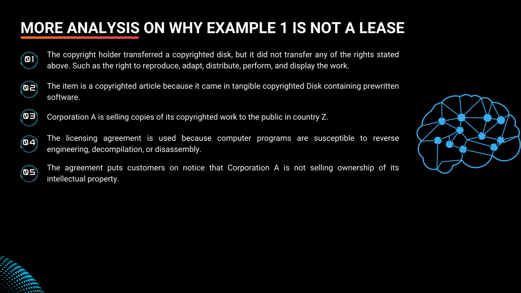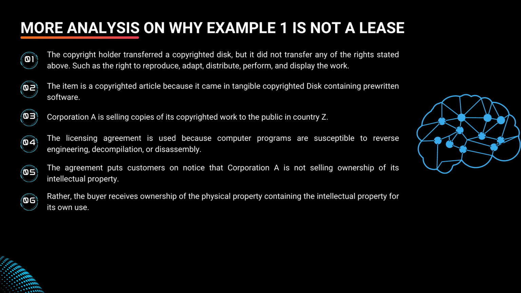The agreement also puts you, the customer, on notice that Corporation A is not selling ownership of its intellectual property. And we've stated what goes into intellectual property, those rights. It's putting you on notice that it's not selling any of those rights. So that's also important. Rather, you, the buyer, receive ownership of a physical property containing the intellectual property for your own use.